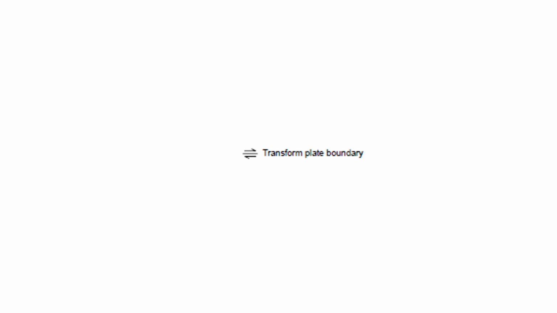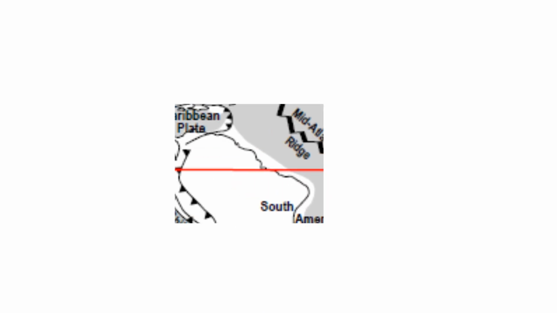The next type of boundary is a transform plate boundary. Transform plate boundaries slide past each other. So if one is going left, the other one is going right. We have this famous one in the United States, the San Andreas Fault boundary.